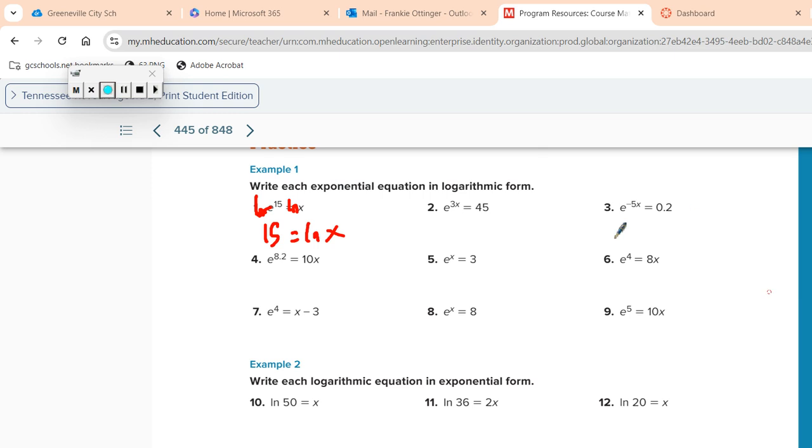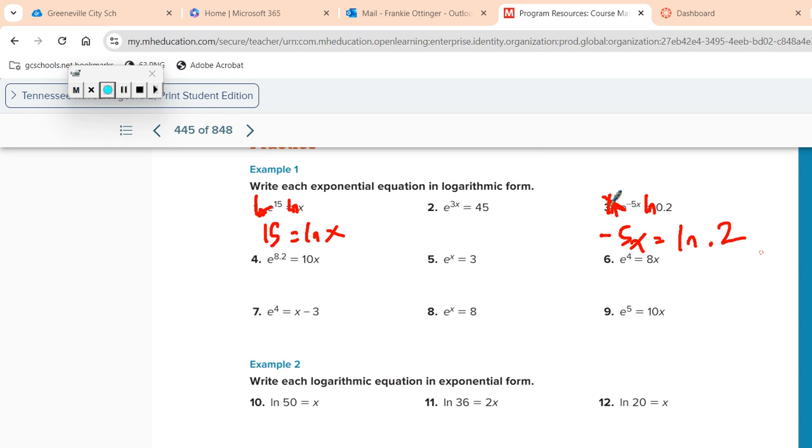Are any of these any different? They're going to work a little bit different, but that's basically it. Number 3, ln to both sides, natural log and base e undo each other, and the answer is negative 5x equals ln 0.2. Okay.